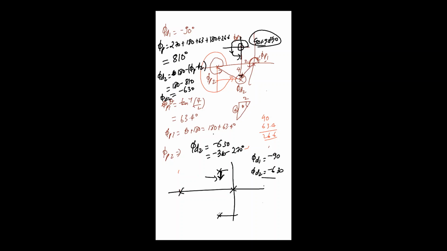Excuse me, can you explain phi p2 again? Like how did you find phi p2? Phi p2 is what we have calculated. This is the angle contributed by here to this, the total angle. If you want to calculate it again, phi p2 will be 270 degrees plus 26.6. Why 270 degree? Let me check.